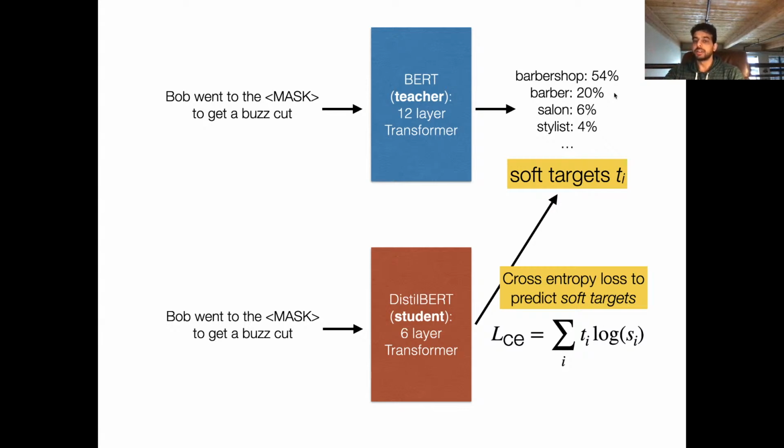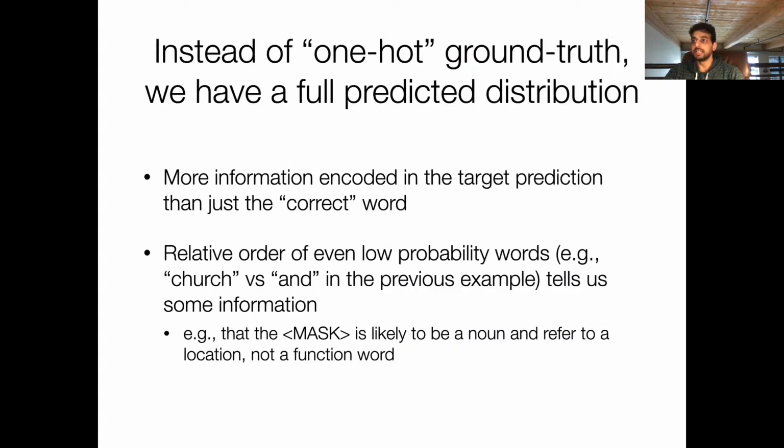Even though there's very little probability assigned to these, the relative order of these words and the relative difference in probability is very meaningful. It tells us that and is much, much less likely to fill in this mask than church. So we get all of these kinds of comparisons, even with low probability words, in the soft targets that we aren't getting from the hard targets.